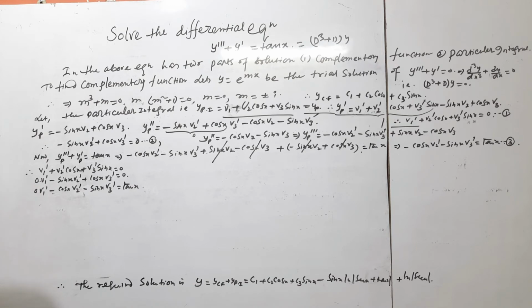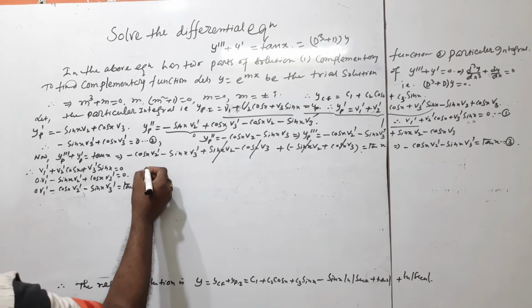Here is v1' plus v2' cos x plus v3' sin x, and the second is 0 into v1' minus sin x into v2' plus cos x into v3', and the third is 0 into v1' minus cos x v2' minus sin x v3' equal to tan x. Okay, solving this equation by the method of Cramer's rule.